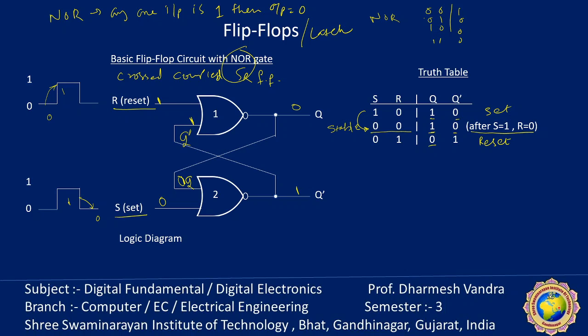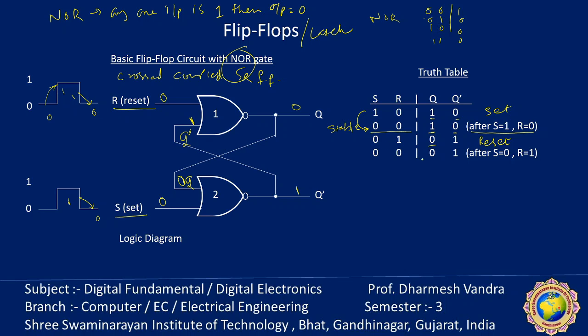Now here there is one different beauty. After this reset condition, again my input will become 0, 0, meaning reset is changed from 1 to 0. At that time 0, 1, the output is 0. 0, 0, the output is 1.